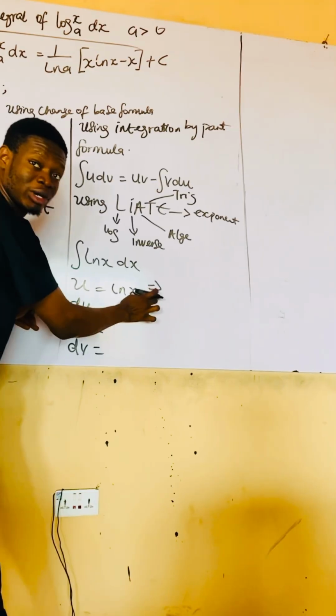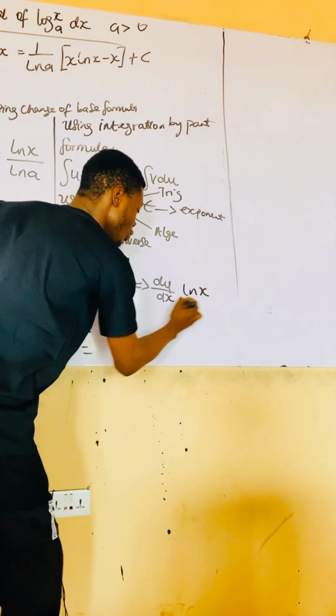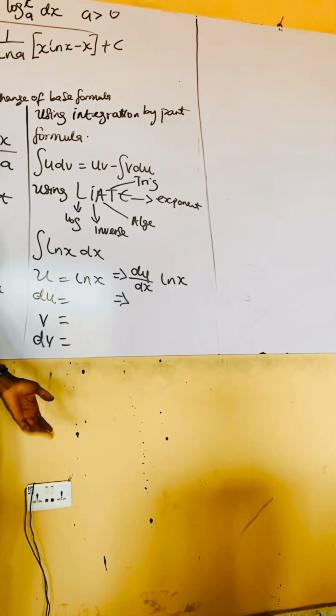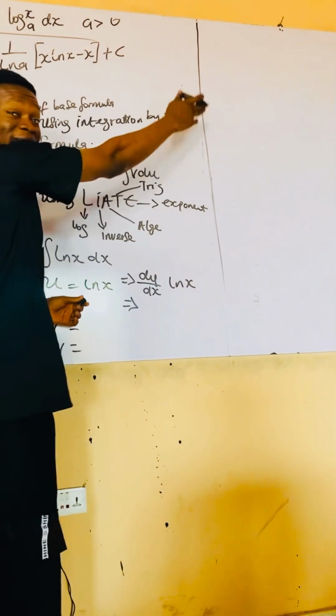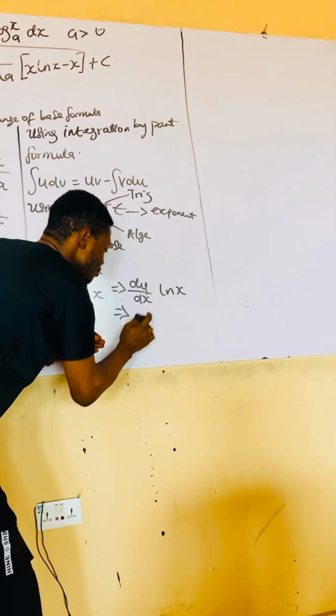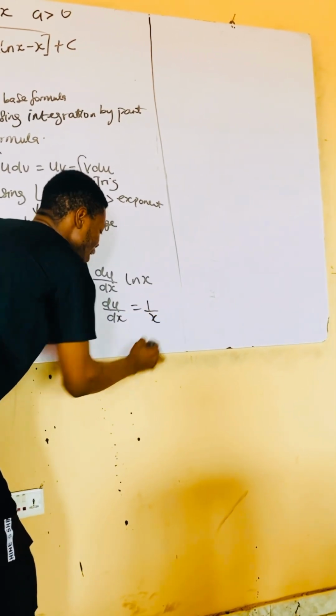If u is equal to ln of x, du over dx of ln of x will be what? Let me know whether you remember. Alright. Thank you. 1 over what? x. We have it there, right? It is 1 over x. So du over dx is equal to 1 over x, right?